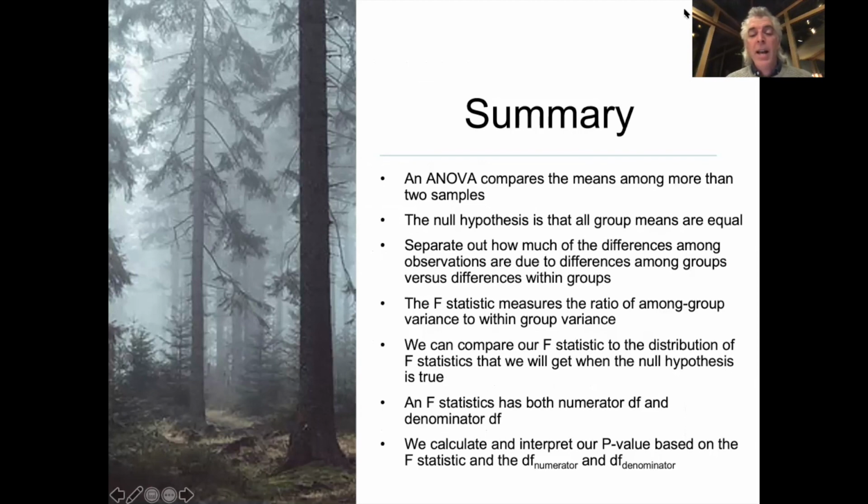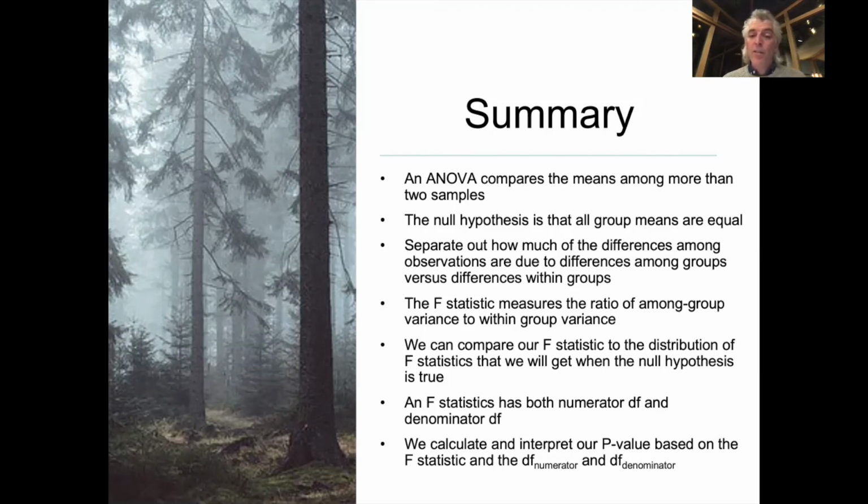So in summary then, an ANOVA is a statistical technique that allows us to make comparisons among more than two sample means. In an ANOVA, the null hypothesis is that all of the group means are equal to one another. An ANOVA functions by separating out how much of the differences among our observations are due to differences among groups as opposed to differences within groups.